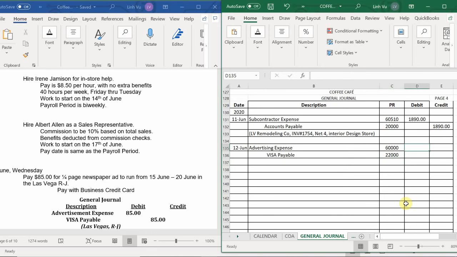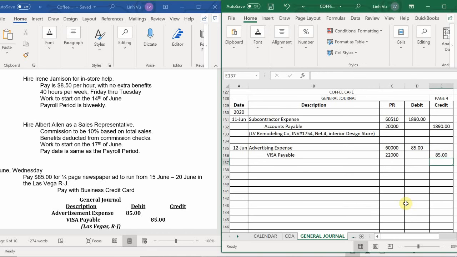How much should I charge my credit card for? The full amount? Which is $85? $85. Okay.